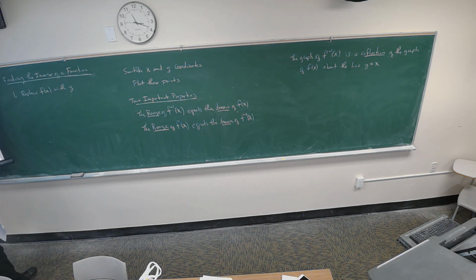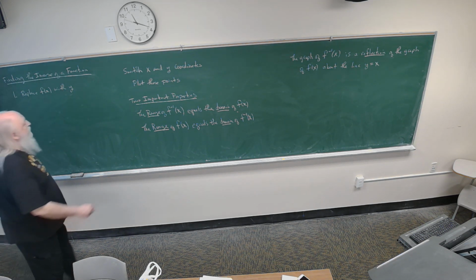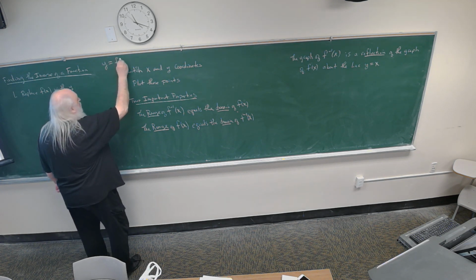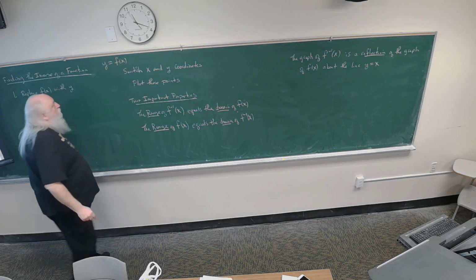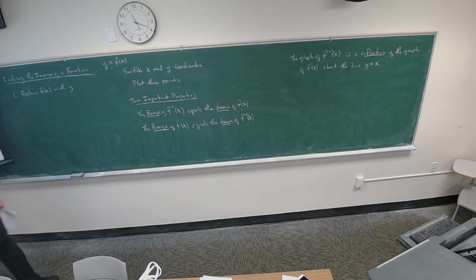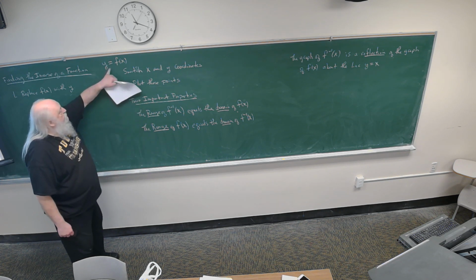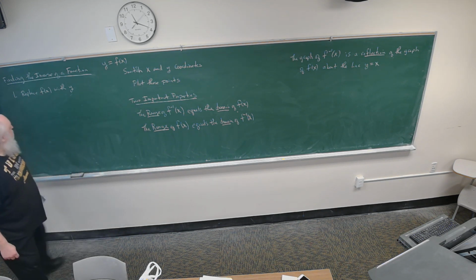You know, y values and function values are the same, right? We've been saying for a while now, y equals f of x, right? So y is a function of x. Y values and function values are the same, okay? So given f of x equals something, right, we replace f of x with y.